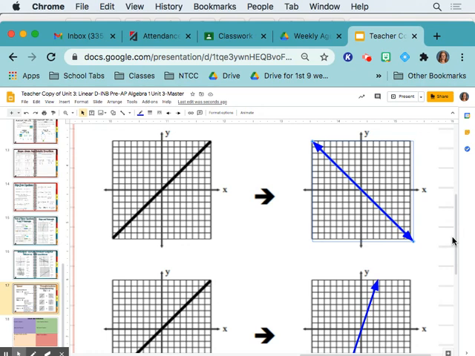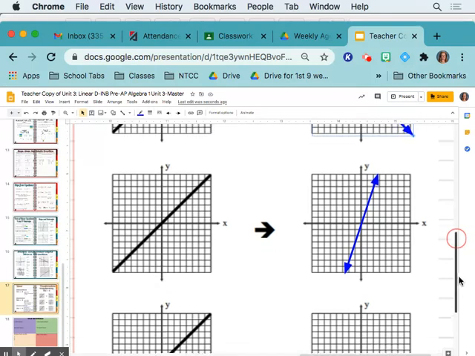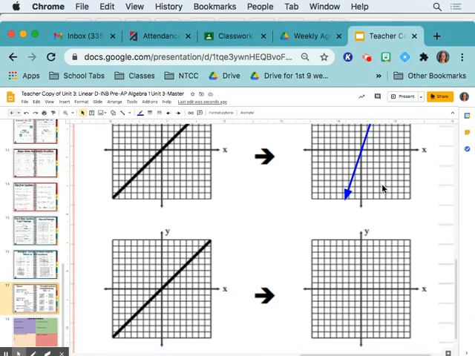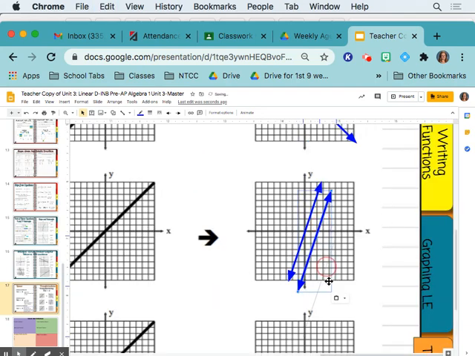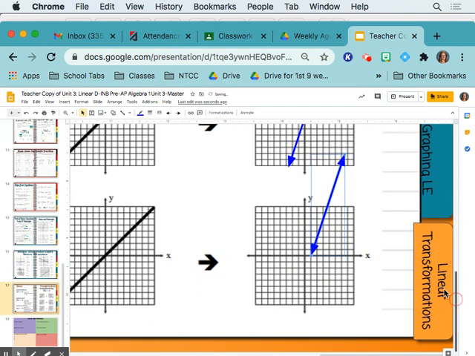Okay, did y'all get those 2 graphs? Do y'all need more time? Okay, and then the last one was changing the y-intercept to down 6. I'm just going to copy and paste this line so that I can use that. Down 6, right? 1, 2, 3, 4, 5, 6. And then the slope should stay the same.